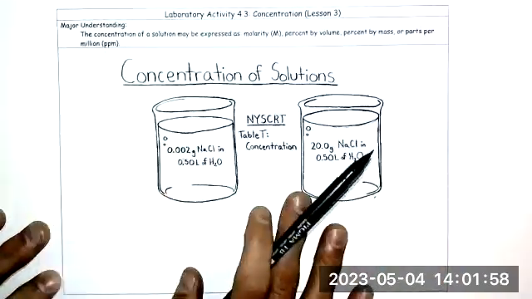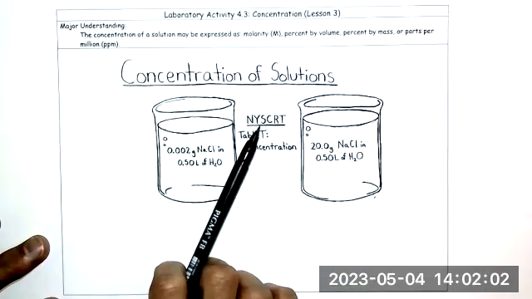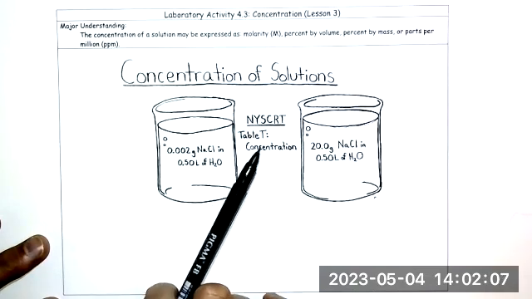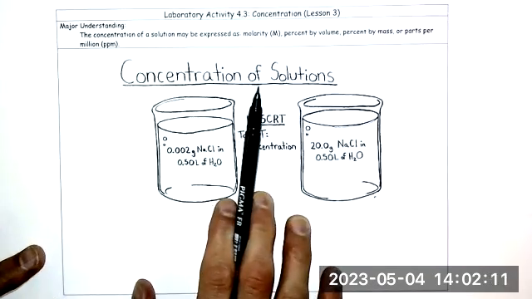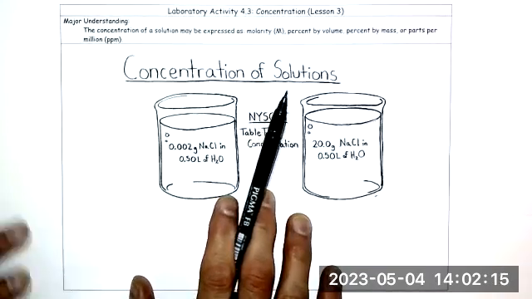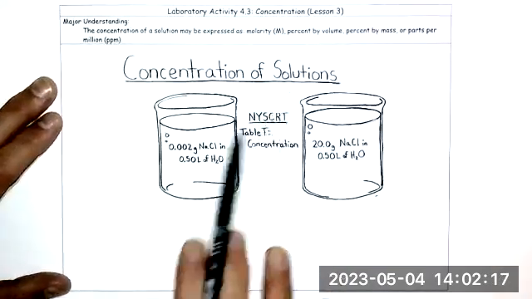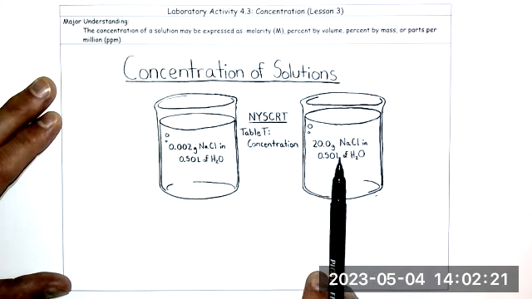For today's lesson, it's important that we refer to the New York State Chemistry Reference Table, specifically Table T, concentration. We'll also be looking at the periodic table at one moment during this lesson, so it might be helpful to have that out as well. For this lesson, we're basically just going to compare two different solutions of different concentrations.